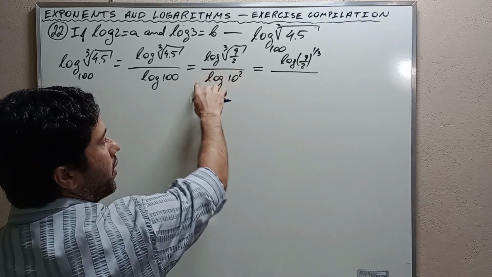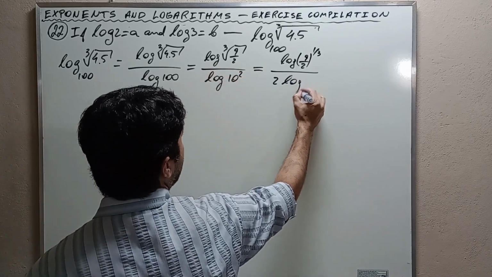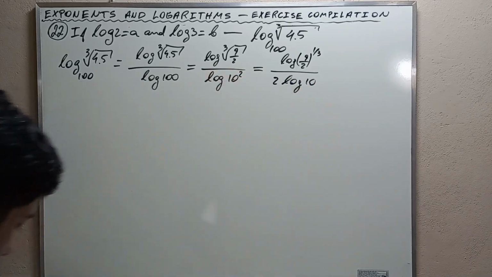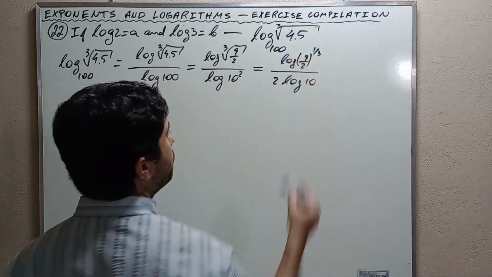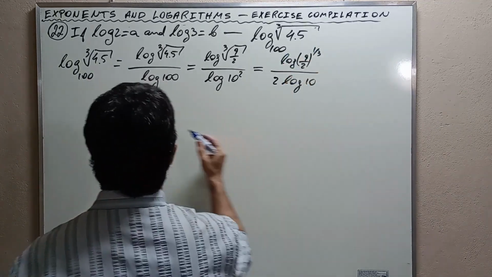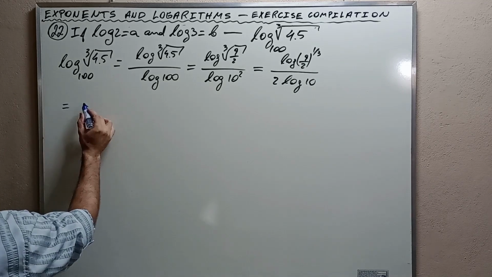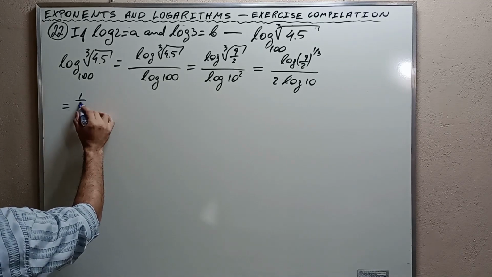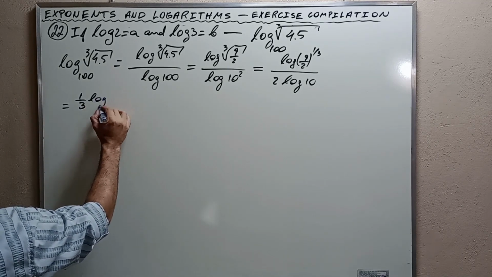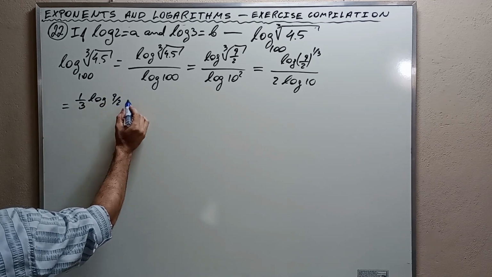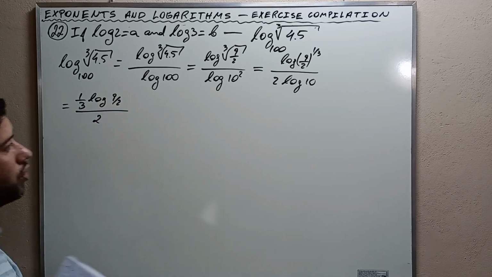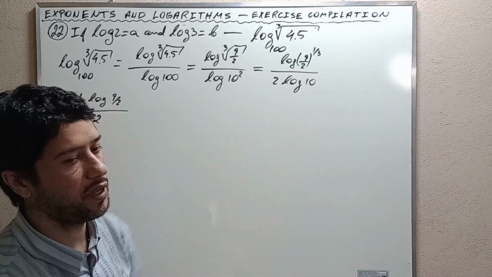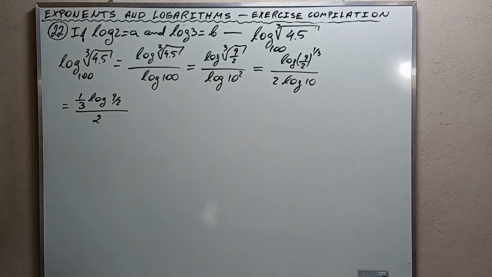And this, we can pass this number here. It's 2 times the logarithm of 10 base 10. We can pass this 1/3 to this side here. We're going to have 1/3 times the logarithm of 9 divided by 2 base 10, divided by only 2, because the logarithm of 10 base 10 is 1.